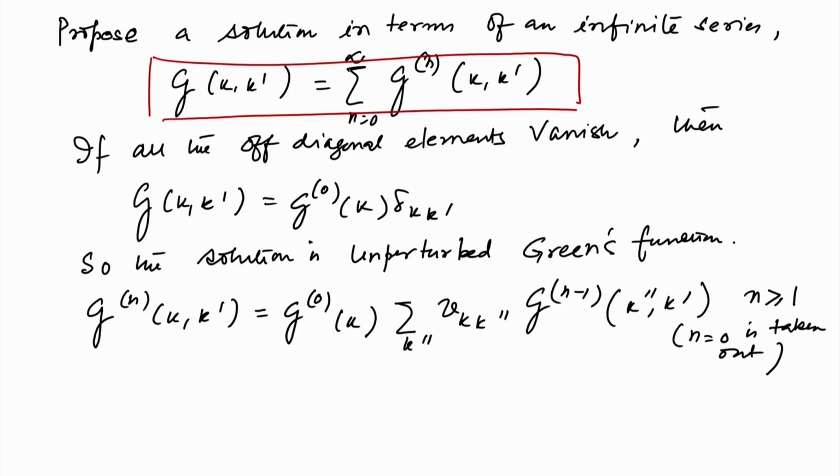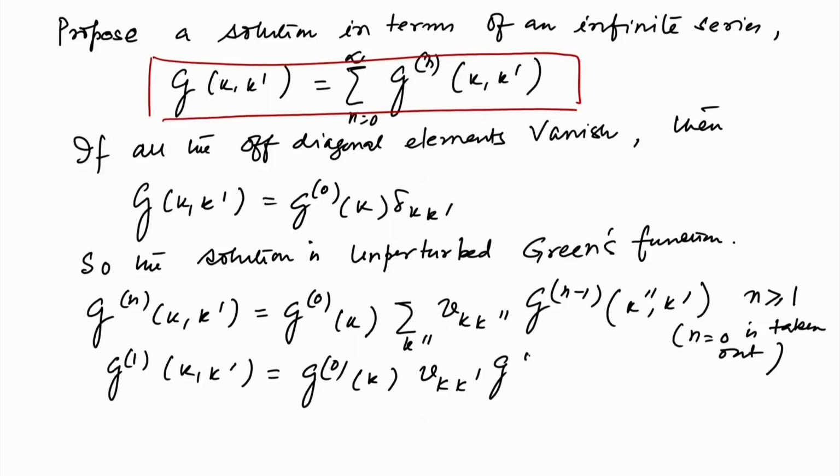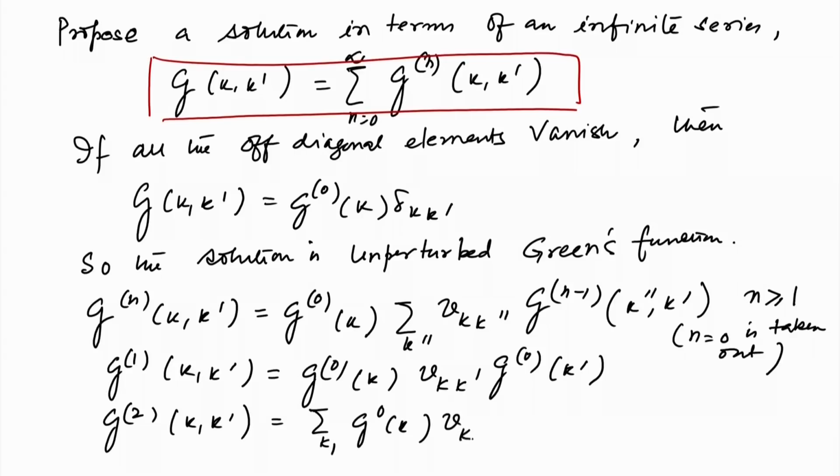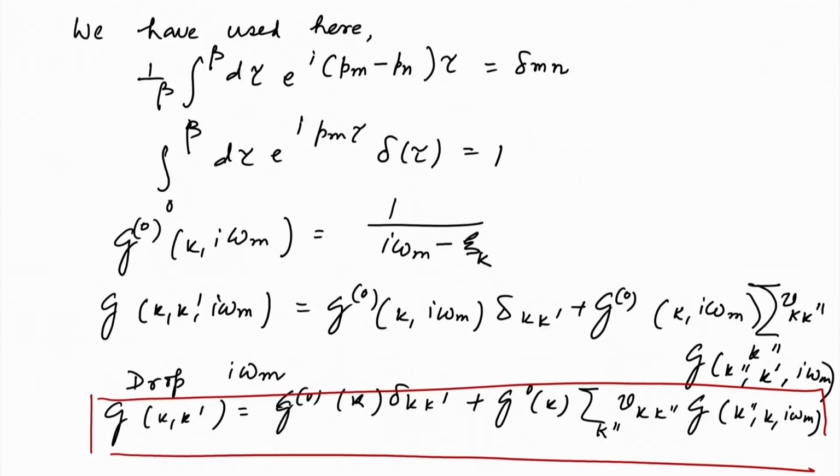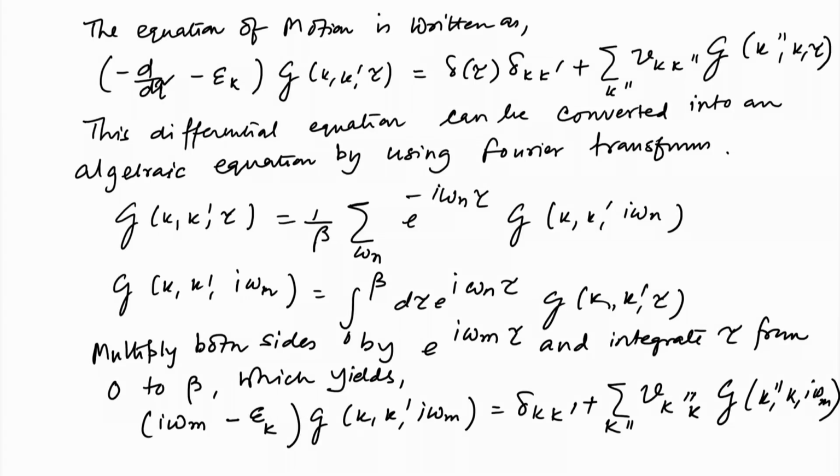So, if we iterate this, then what we get is the following. The first order g 1 k k prime equal to g 0 k v k k prime g 0 k prime, and g 2 k k prime equal to a sum over k 1 of g 0 k v k k 1 g 0 k 1 v k 1 k prime g 0 k prime, where v is the term that we have taken as the off diagonal term here.